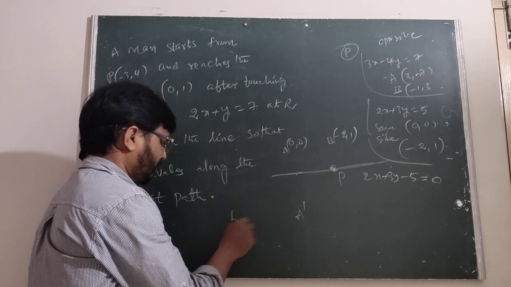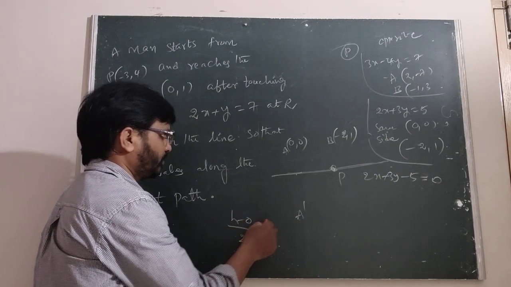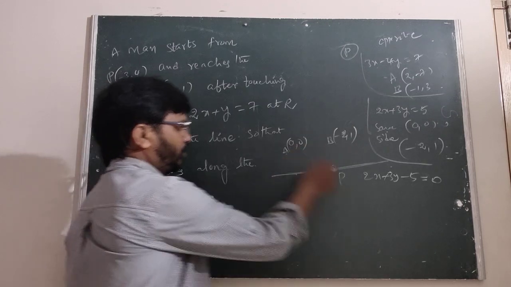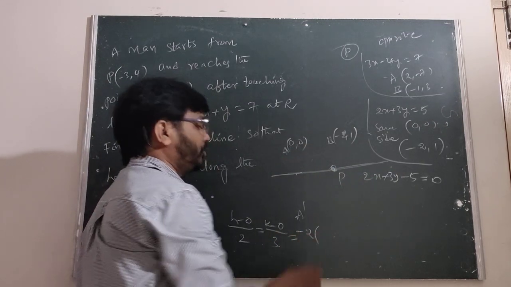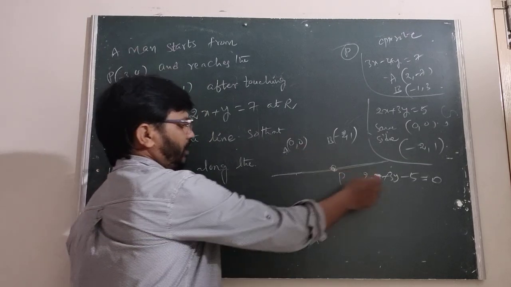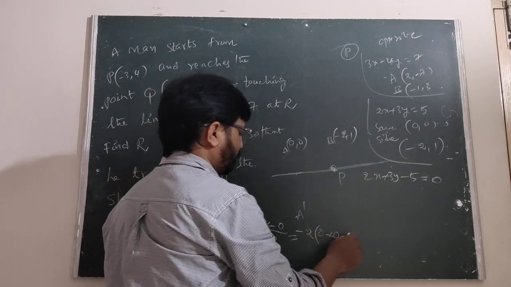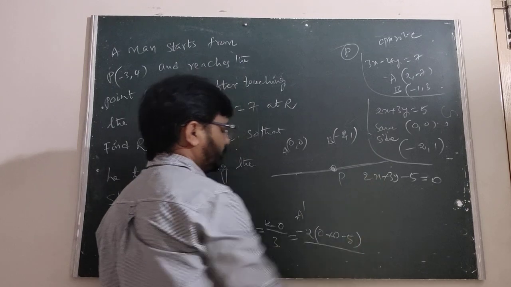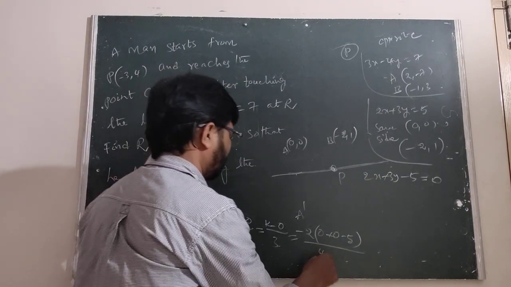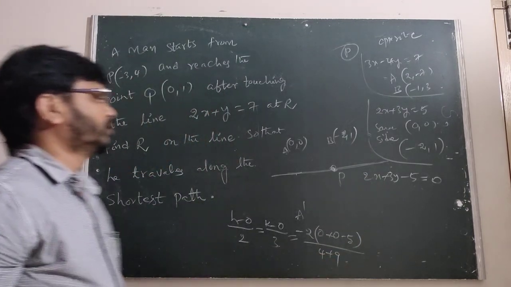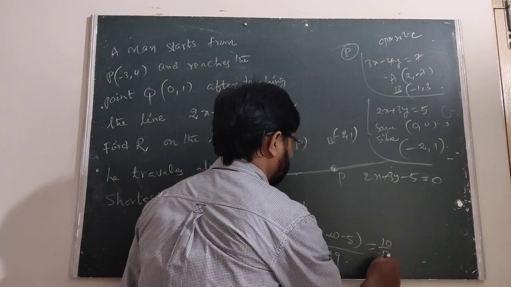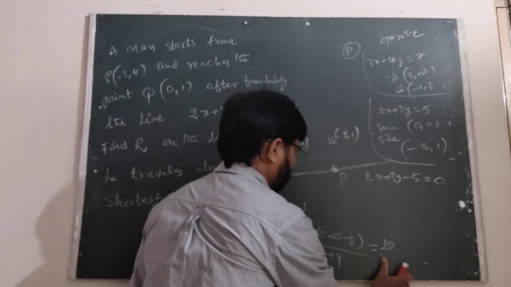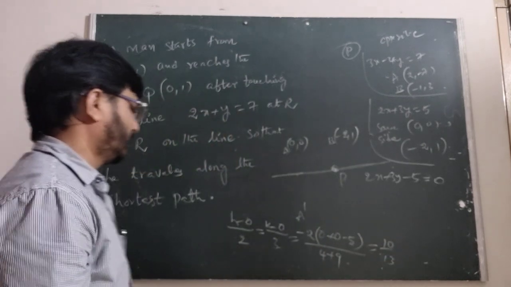(h - 0)/2 = (k - 0)/3 = -2(ax1 + by1 + c)/(a² + b²), which is (0 + 0 - 5)/(4 + 9). Now this is 10 by 13.